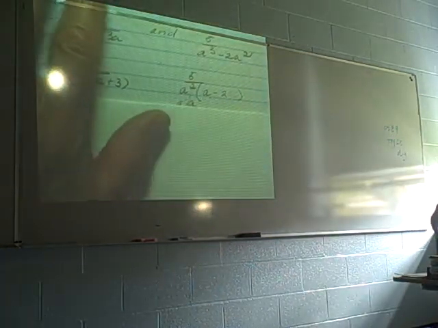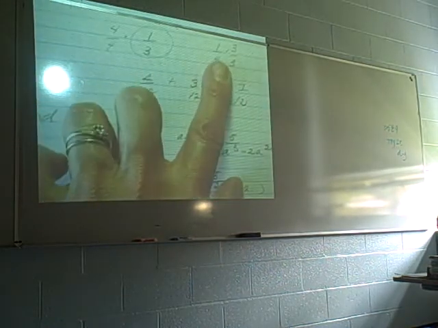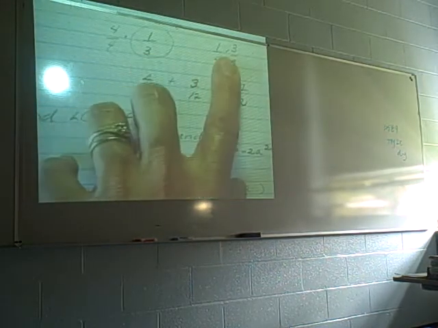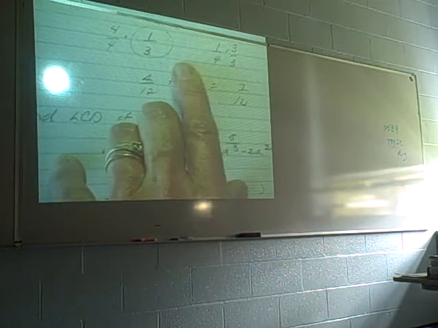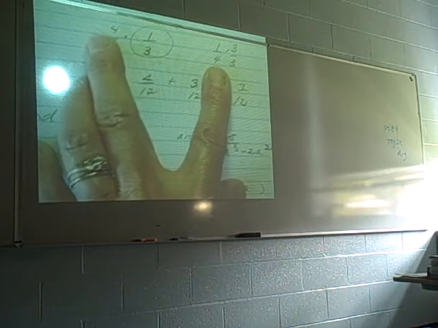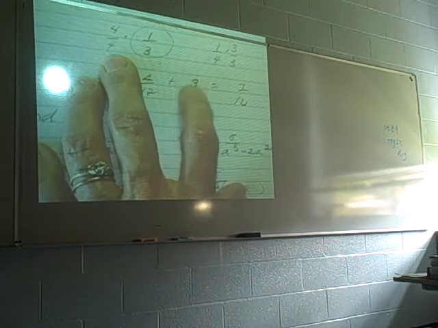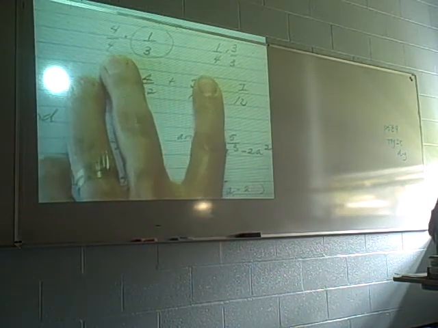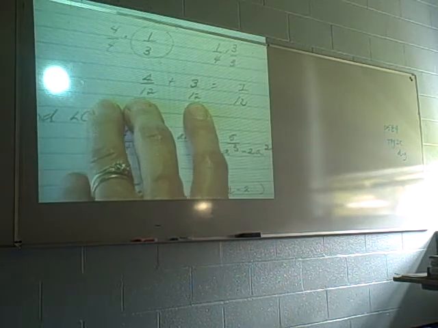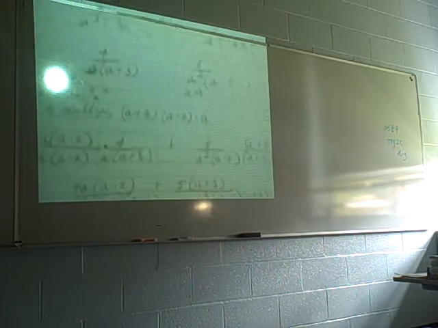A minus 2. Just as up here, you looked at these, this has a 3, this one didn't, you multiplied this side by 3. This side had a 4, this side didn't have a 4, you multiplied that side by 4. So your goal is what? Get them to be the same. And that's what we're going to do right now. Okay?